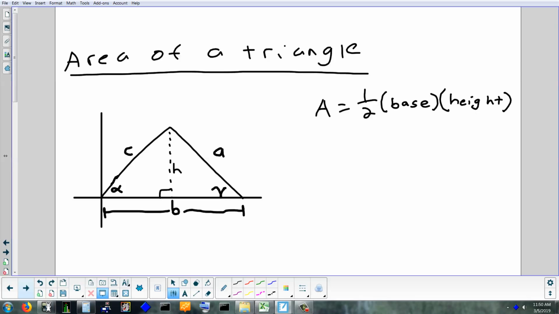Okay, so let's look at the picture that I have here. Okay, I've labeled some things in that triangle. I've labeled B is the base, H is the height, it's that dotted line.